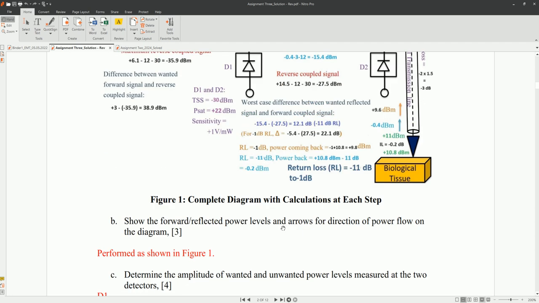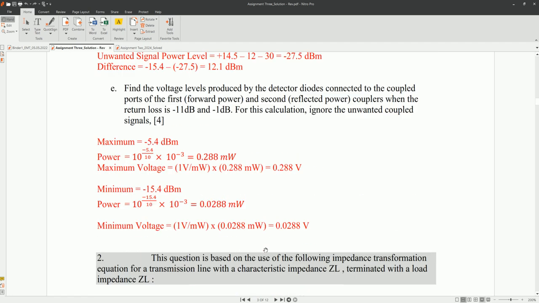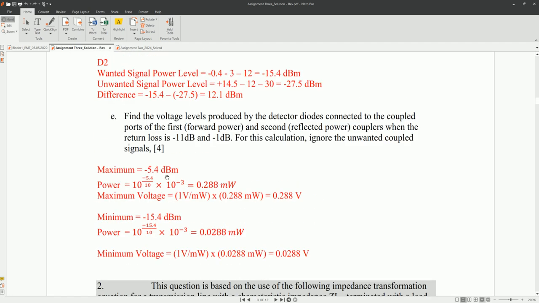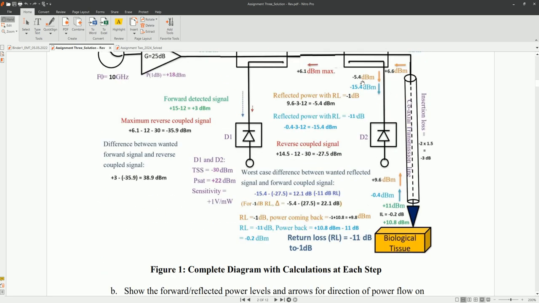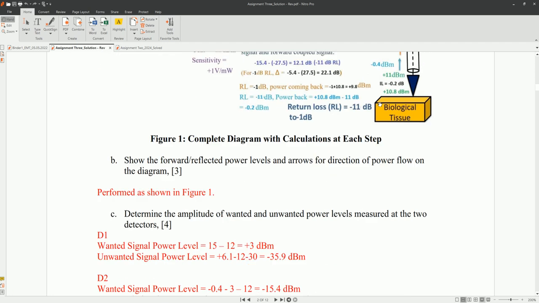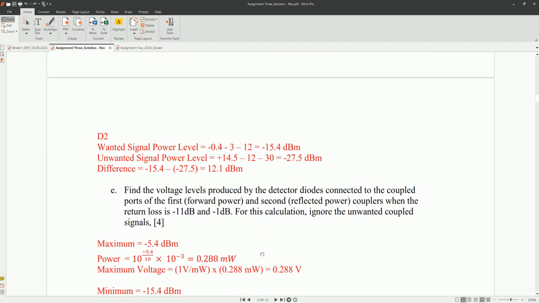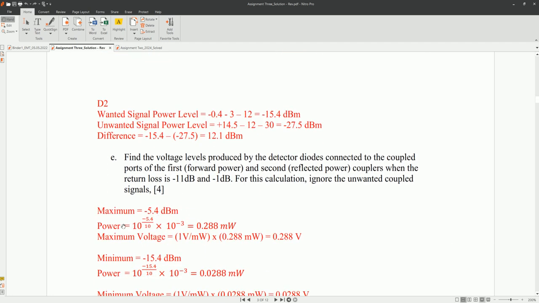Okay, so here we see that the maximum is minus 5.4 dBm and the minimum is minus 15.4 dBm, which it will detect. So for the minus 5.4, the power is 10 raised to the power of minus 5.4 over 10.